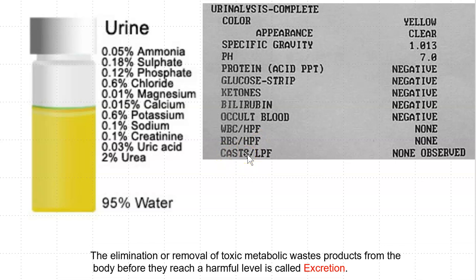So that's a preliminary test, of course. But basically, keep in mind, casts are just tube-shaped particulate matter that you may find in urine. And depending on the types of particulate matter in the urine, we can determine whether a person has a kidney disease or a nephrotic shock or dehydration, etc.